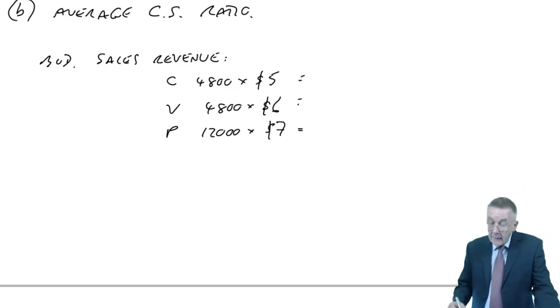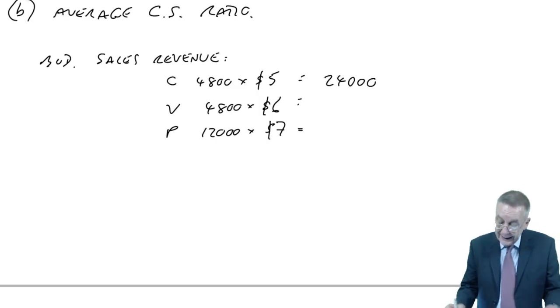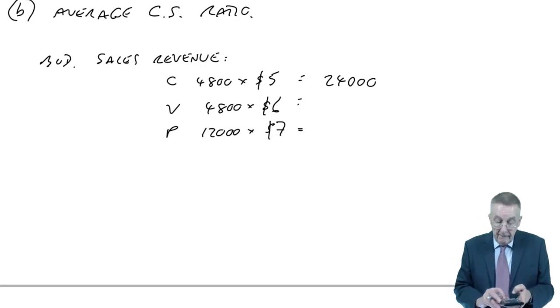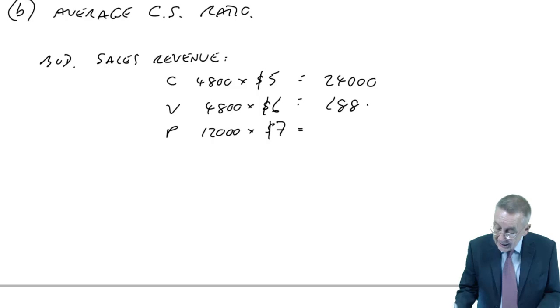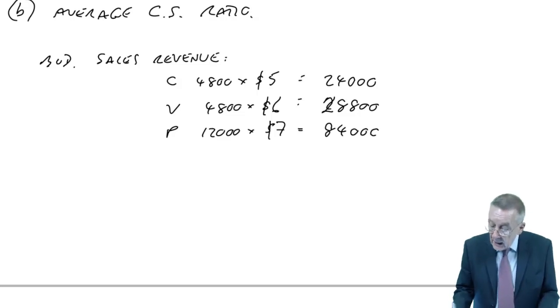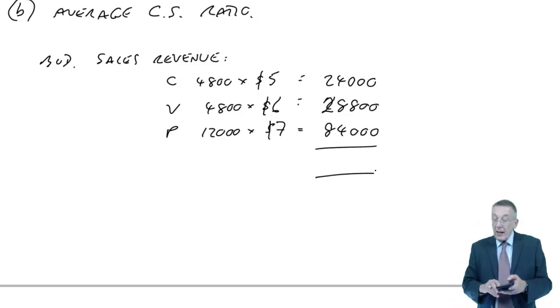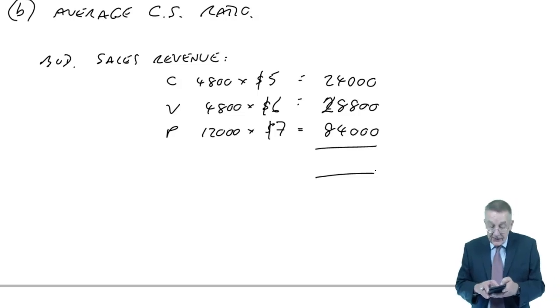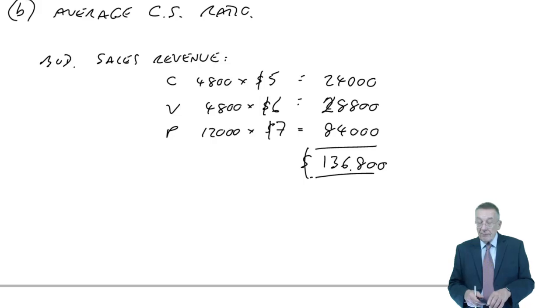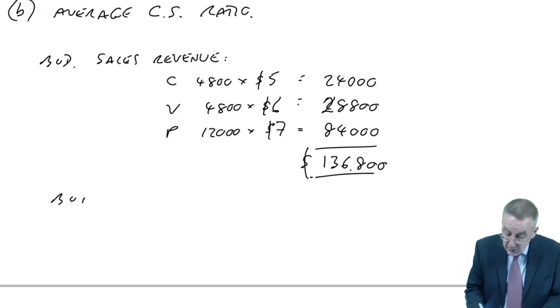And so what does that come to? 24,000. 28,800. $84,000. So the total budgeted sales revenue is 136,800. What about the budgeted total contribution?